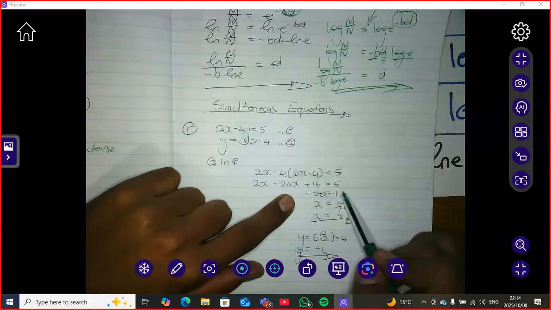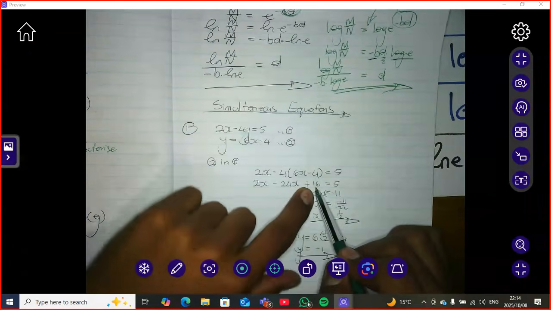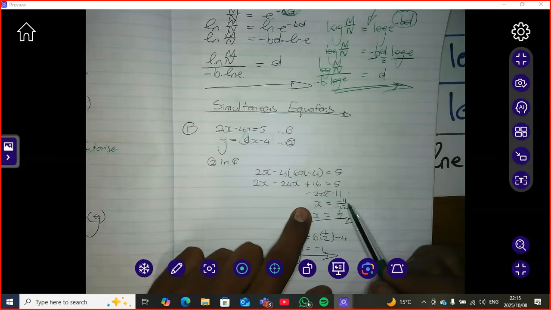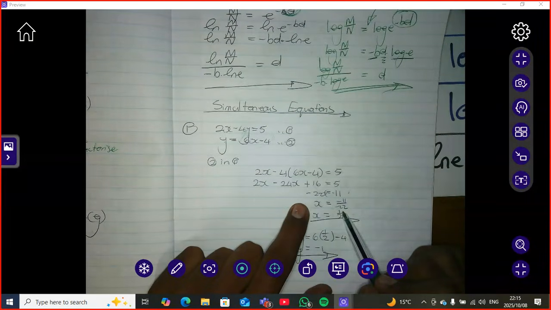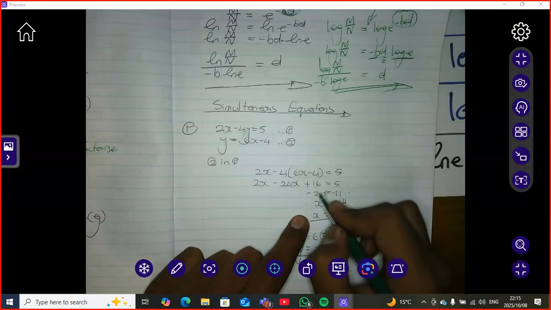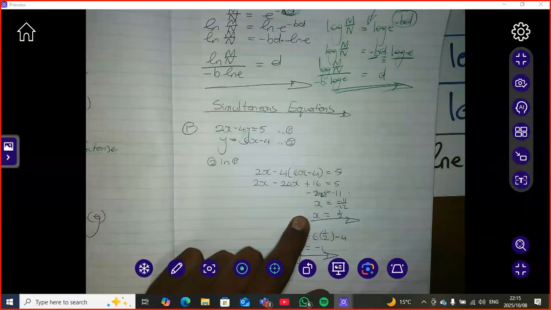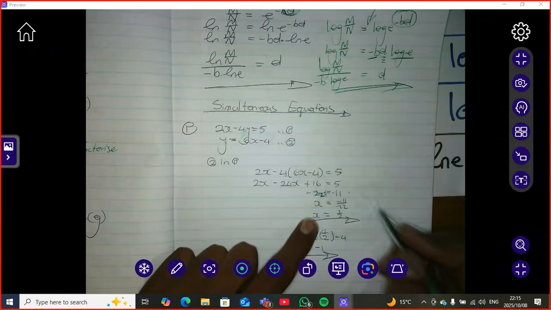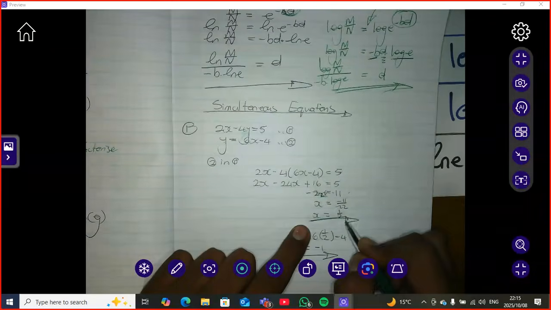Then I solve x like normal. I add there, I take that side, I take the negative over also, negative 22. This is a 22. Then I solve x like normal and get x equals a half.